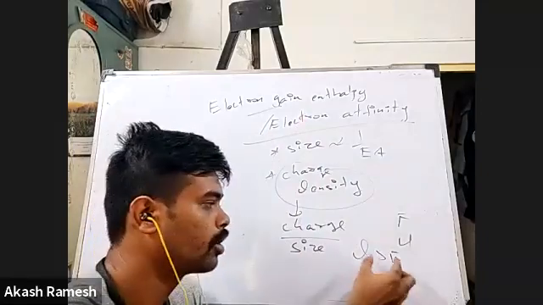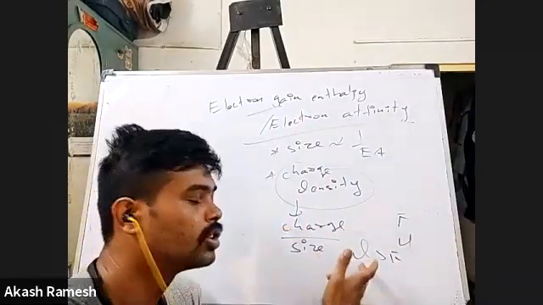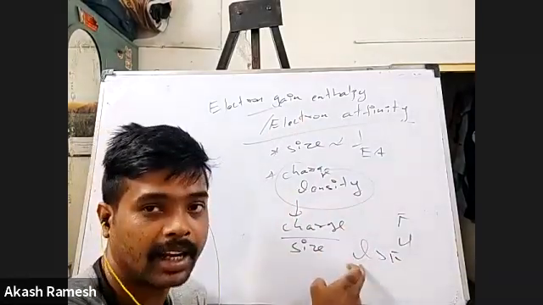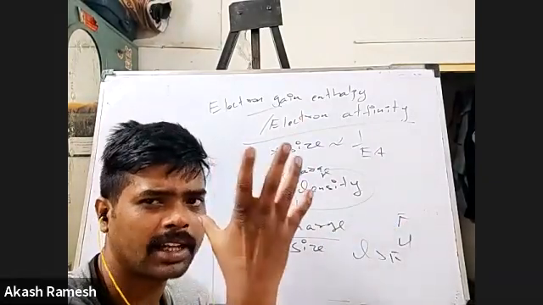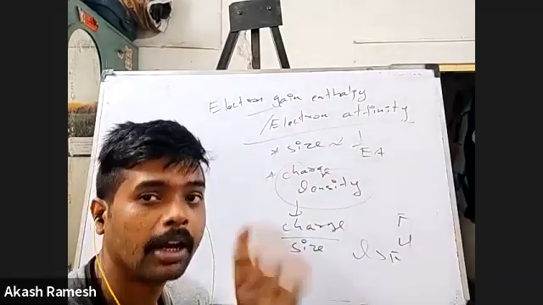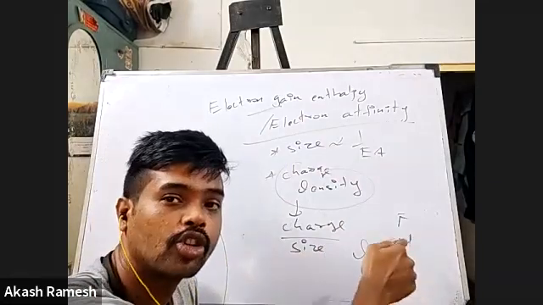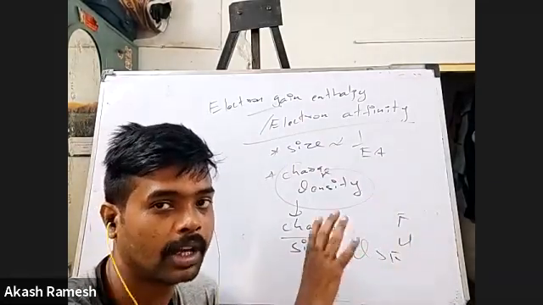So if I add an electron to fluorine, smaller size, higher charge, the incoming electron will suffer a lot of repulsion. It is easier for me to add an electron to chlorine rather than fluorine. This is actually an anomaly. Okay, fine.